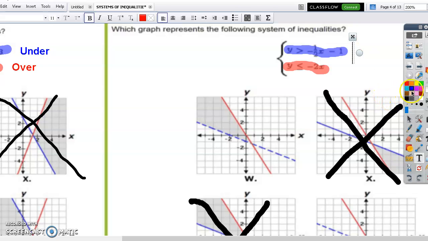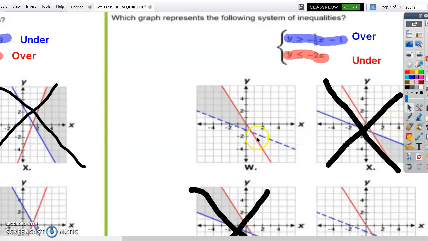Over your hand. And the second one is less than or equal to, so this is under. Let's have a look. This red one, the shading is under it, so that works. The blue line, if you were to put your right hand over it, the shading is over it. So W is our answer there.